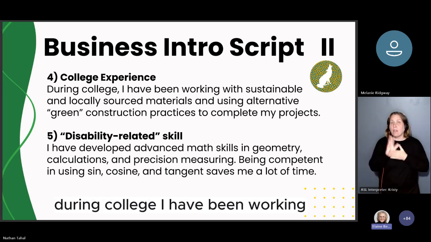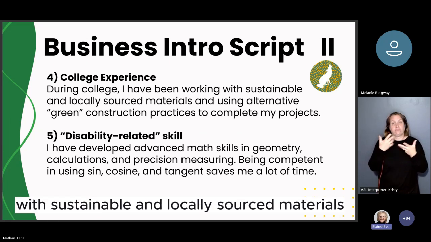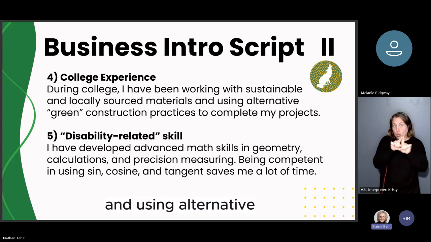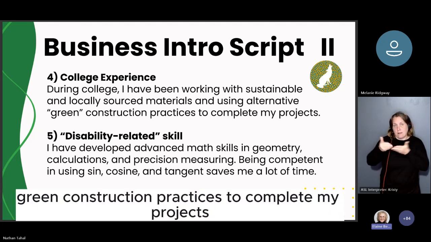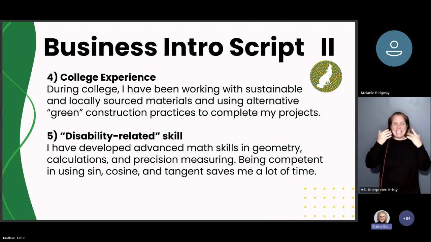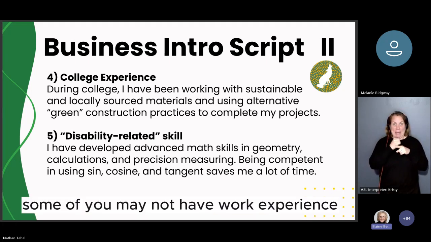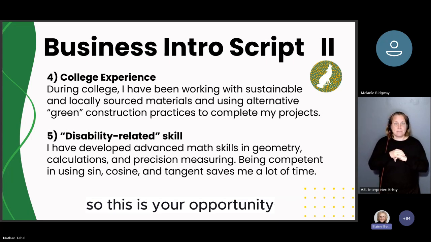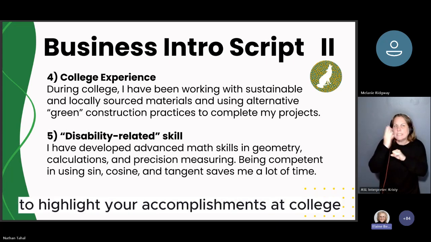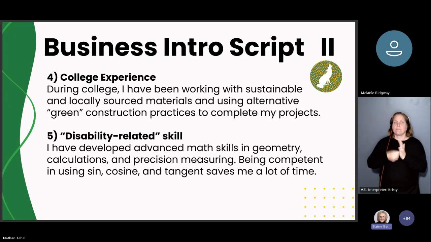During college, I have been working with sustainable and locally sourced materials and using alternative green construction practices to complete my projects. Some of you may not have work experience, so this is your opportunity to highlight your accomplishments at college.